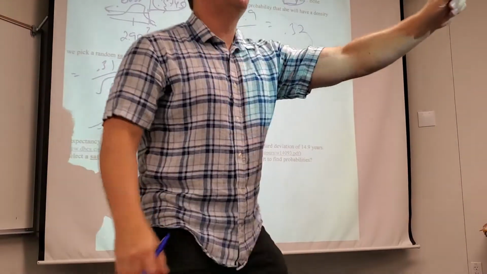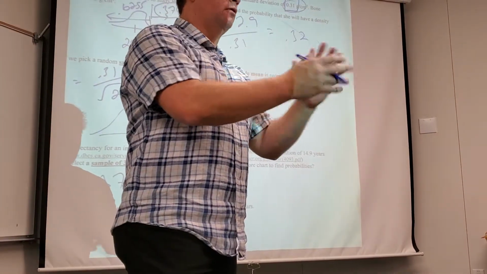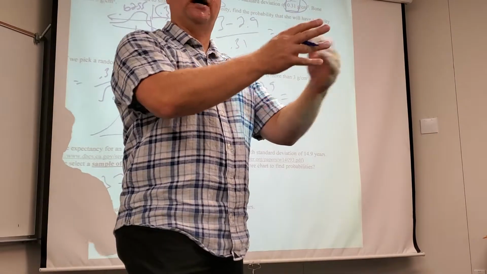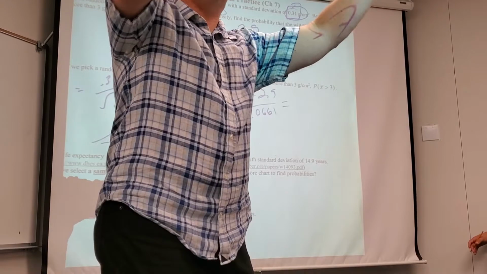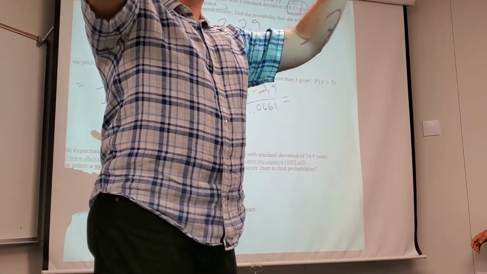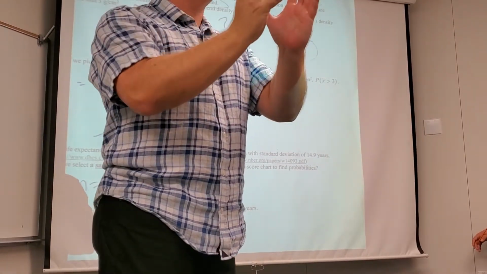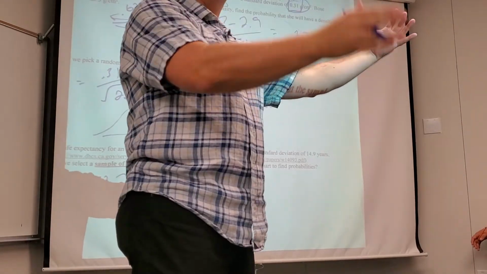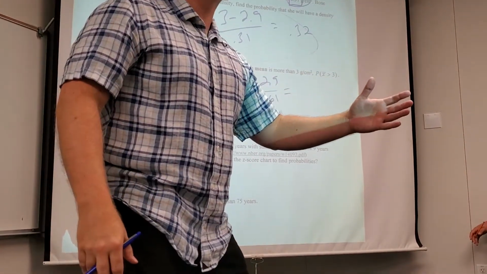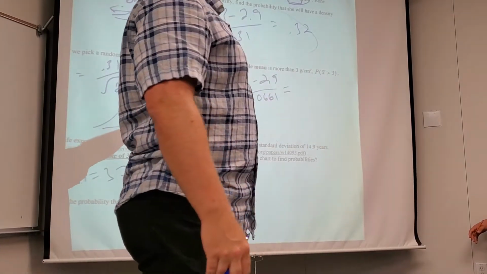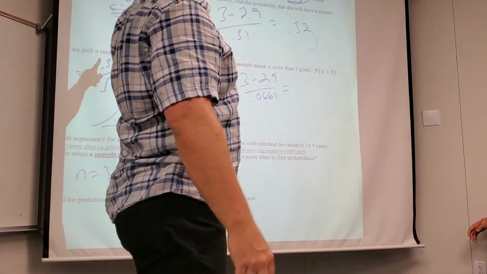If you find one woman, her bone density being greater than 3 is something, right? The mean is 2.9, so it should be close to 2.9. If I take a group of 22 women, should it be really likely that their average is above 3, considering the average for everybody is 2.9? No, it shouldn't be very likely, right? So I already know this probability should be smaller than the one I got in the first place.